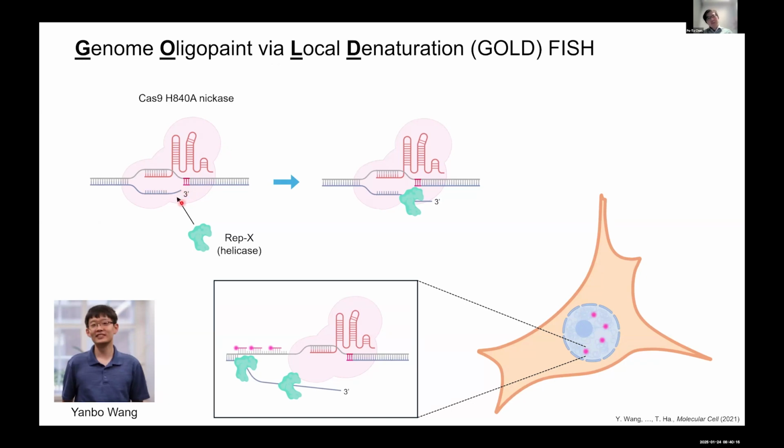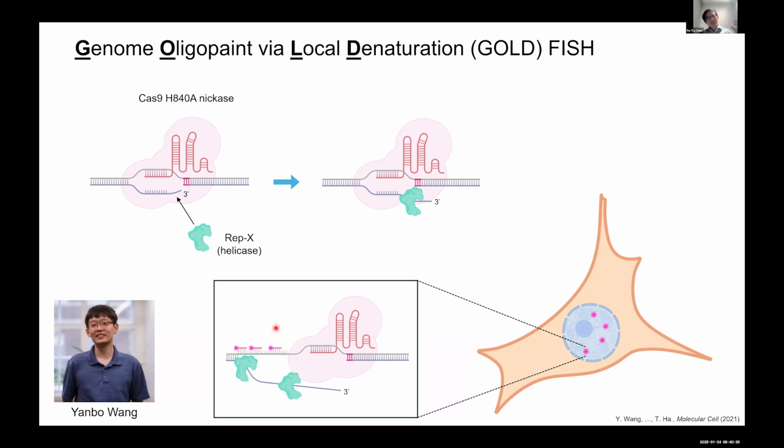It exposes the 3' overhang, and this 3' overhang can be accessed by helicase. If we then incubate the sample with helicase, it can unwind the single-strand DNA to create a single-strand region for DNA FISH probe hybridization.